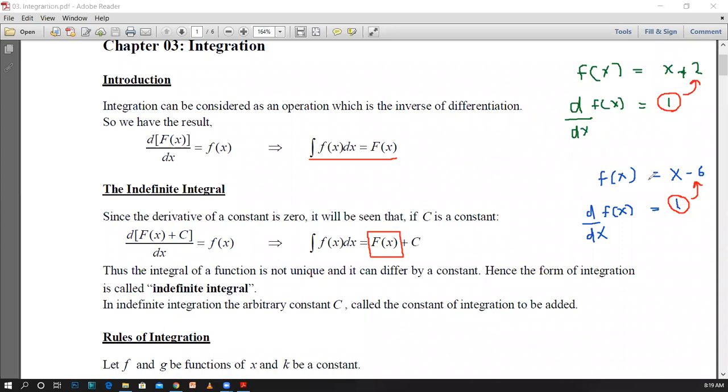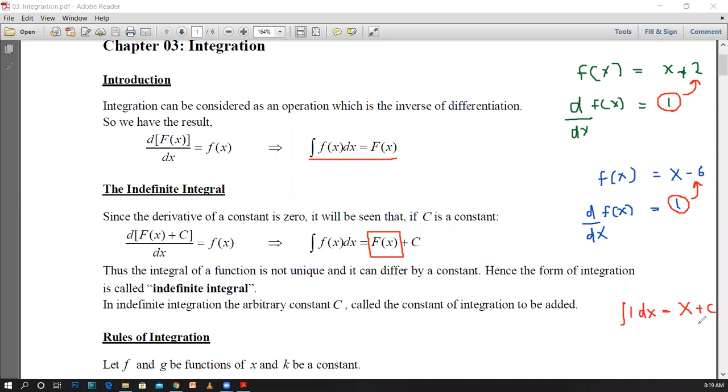According to this example, you can clearly identify that if you get the integral of 1 with respect to x, definitely you will get the value as x. We will see how we can get this, and then you have to add a constant.